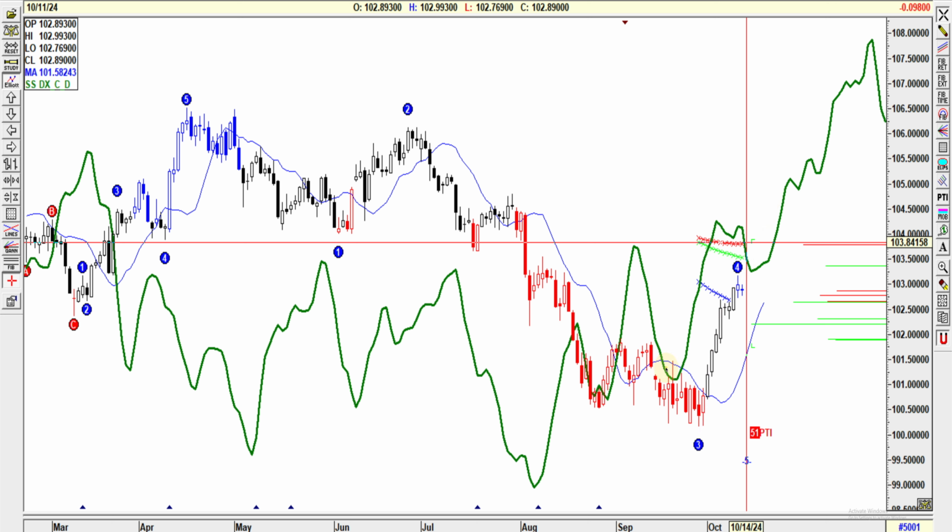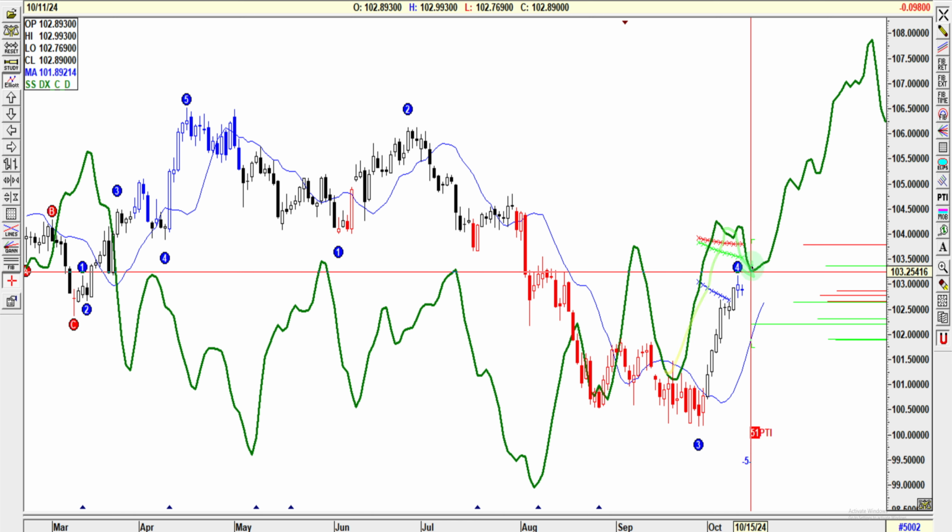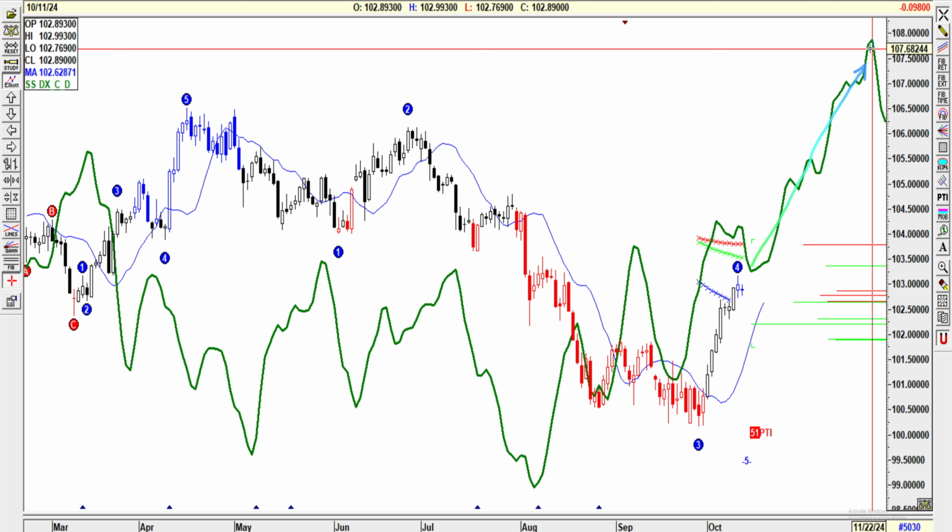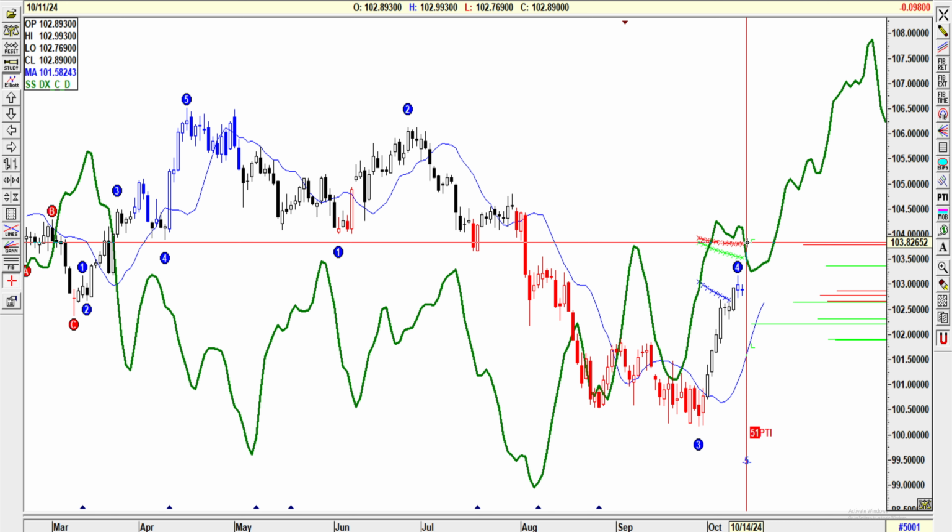You can see seasonality-wise, it dips around the 15th and then it continues to rally all the way to November 22nd. So if we get a close above 103.82 and we continue grinding higher, that means this count is going to change to something different.